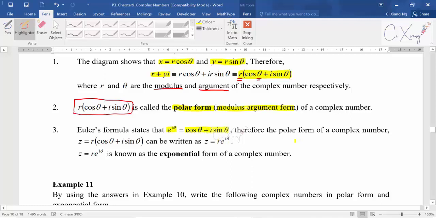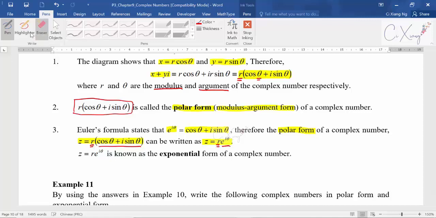When we change the polar form into the form that involves the exponential, this is the polar form, so you make it z equals r, you just copy this, then you change this into Euler's formula, becoming e to the i theta. We call this pattern the exponential form of a complex number.